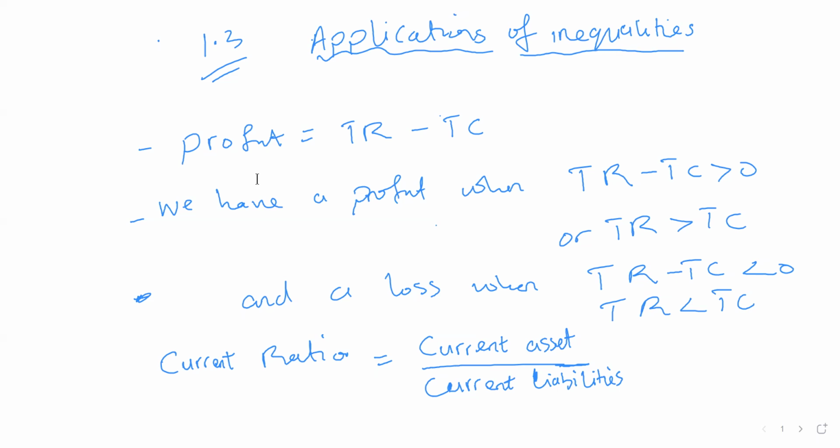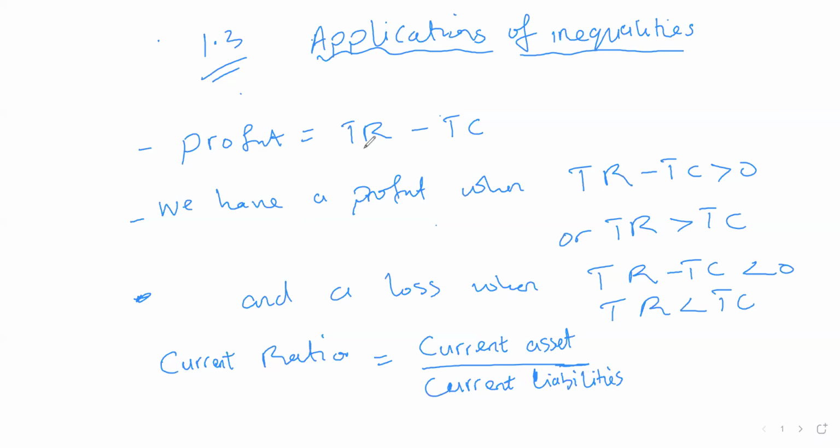Profits, current ratios, current liabilities, and so on. We can apply this in determining whether a production yields a profit or a loss. We can also use it to find current ratios and current liabilities.